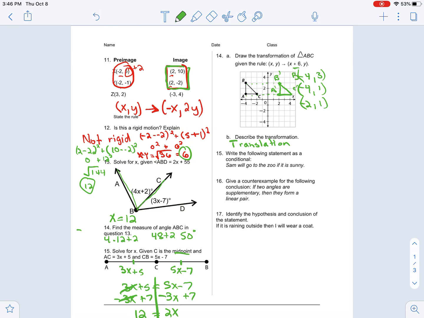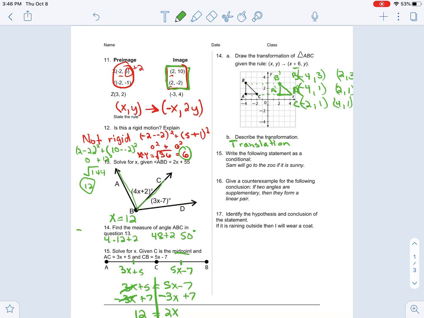So this is B, this was A, this was C, and then we do our transformation, so we add 6. So -4 plus 6 is 2, 3, and then we have 2, 1, and then -2 plus 6 is 4, 1. And you can see that that's what we did.